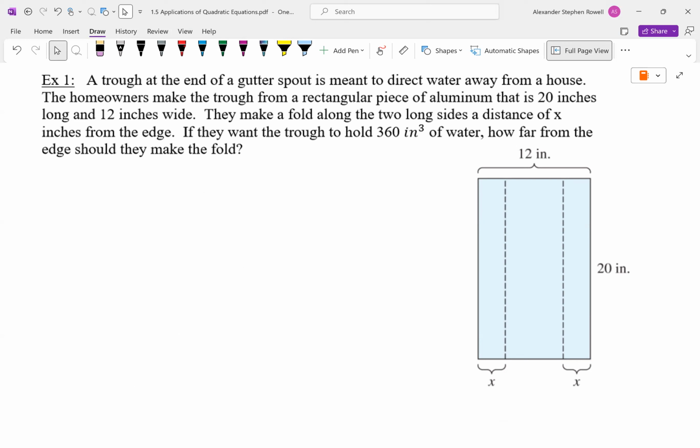They make a fold along the two long sides, a distance of X inches from the edge. You can see that in the diagram also. We make a fold along the dotted lines, X inches from the edge. If they want the trough to hold 360 cubic inches of water, how far from the edge should they make the fold?